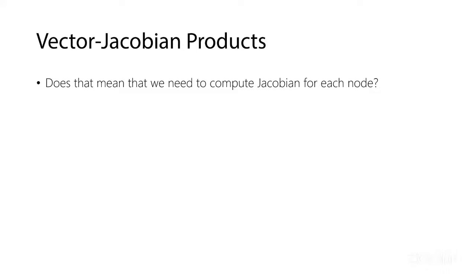So usually in the relevant literature, we consider what's called the vector Jacobian product or Jacobian vector product, depending on who's talking about this one.